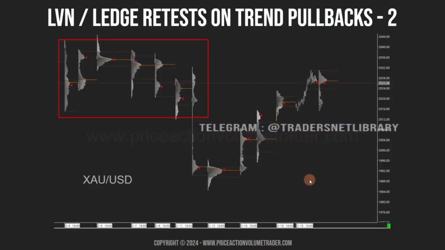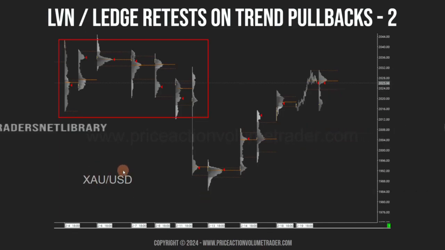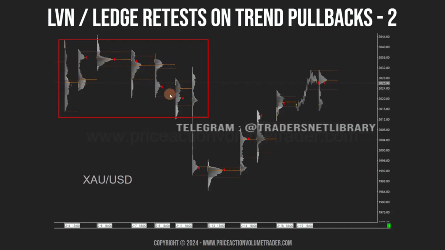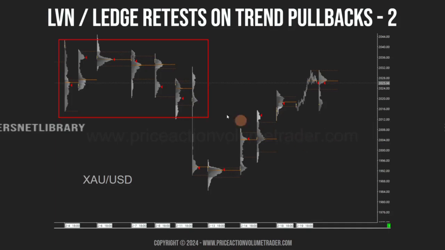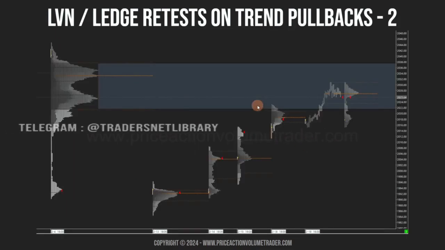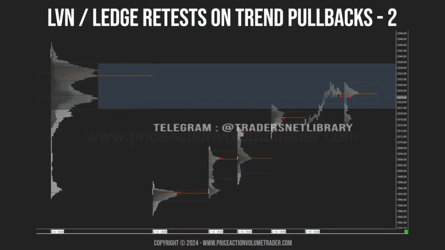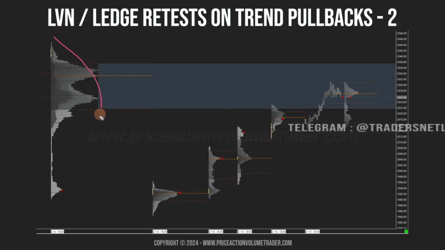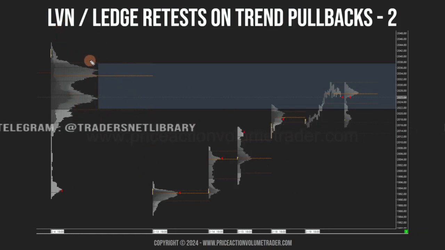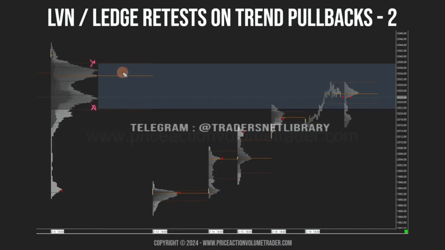Okay, then if we look at another example, this is in the gold market. I've highlighted this area, 1, 2, 3, 4, 5, 6, 7 trading days that we're going to make a composite out of. And then if we see right here, we have this 7-day composite right over here. And then we have our value area high, low, point of control.